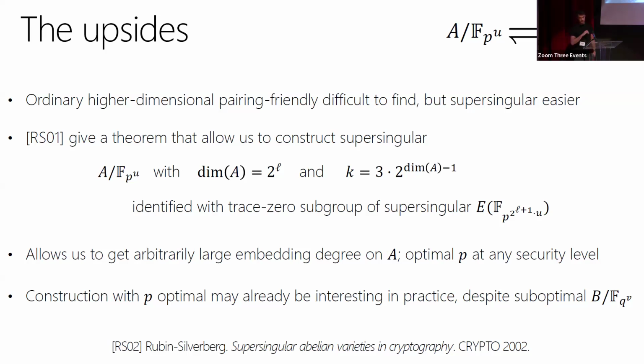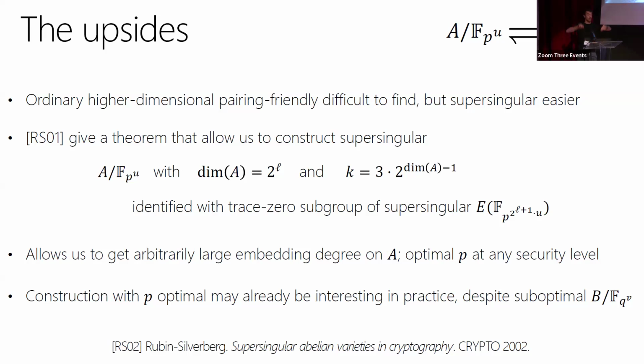And then we can invoke this theorem from Rubin and Silverberg from almost a quarter century ago, where they say we can start with an elliptic curve over F_p^u, over some extension of F_p, a dimension 1 elliptic curve, and we can consider a subgroup of that elliptic curve over a bigger field extension.